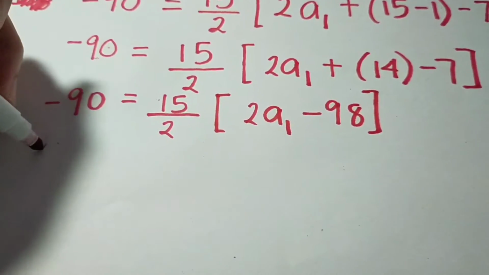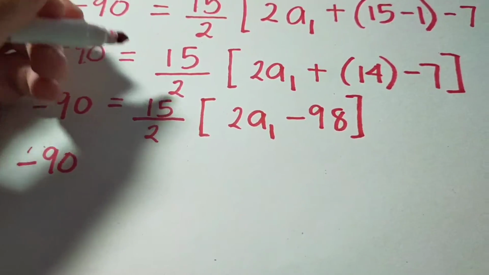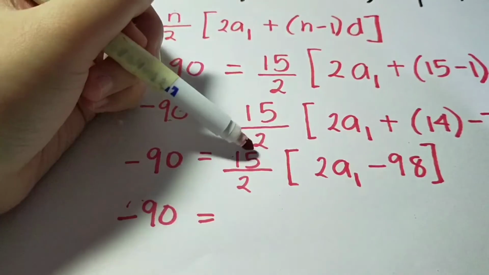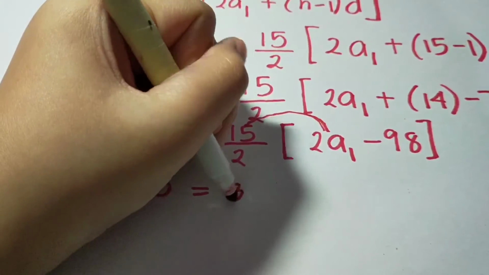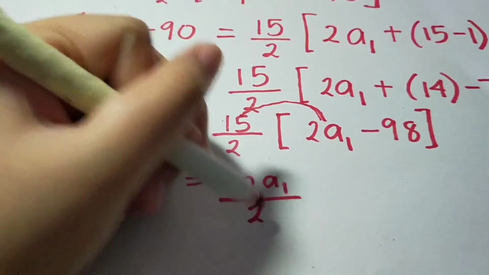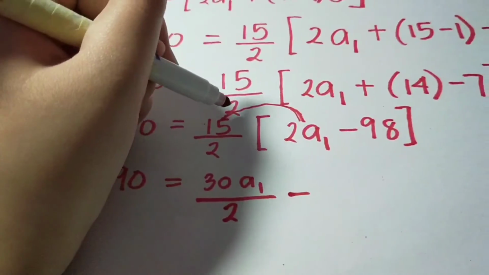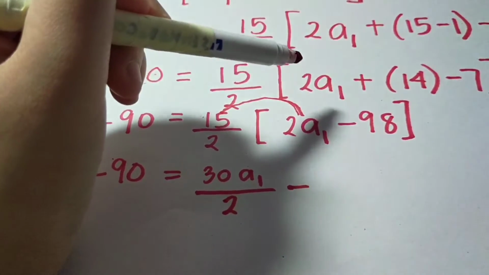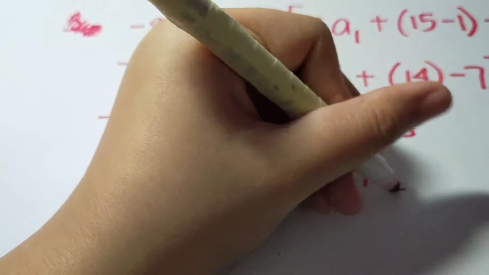So, negative 90 is equals to, ngayon naman, i-distribute na natin ito. Yung 15 over 2 times 2a sub 1 is equals to 30 a sub 1 over 2, minus 15 over 2 times negative 98 is equals to 1,470 over 2.